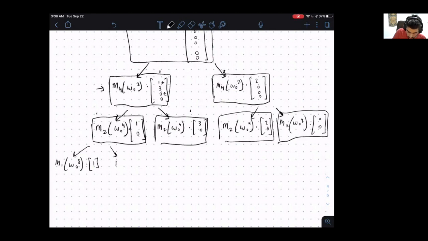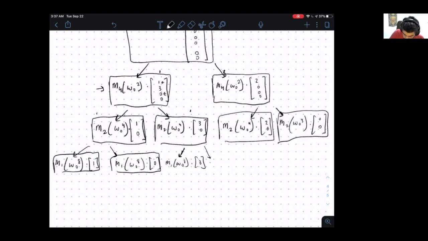And this is equal to M1 of omega naught to the 8 times a single number 0. Similarly, this left subproblem is equal to M1 of omega naught to the 8 times 3. This one here is M1 of omega naught to the 8 times 0.